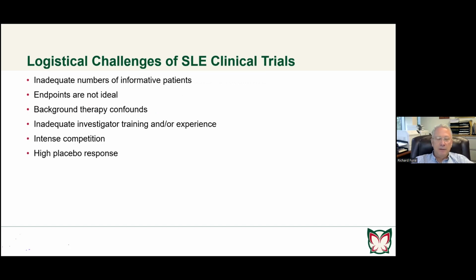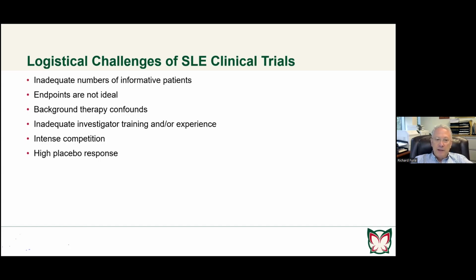The SRI depends upon the SLEDAI. The SLEDAI was not invented for clinical trials. Then we have the BICLA, where the major driver of efficacy is the BILAG. So there are groups working on better endpoints. I mentioned background therapies, and there's no question that the background therapies that the patients are taking at entry are confounding.